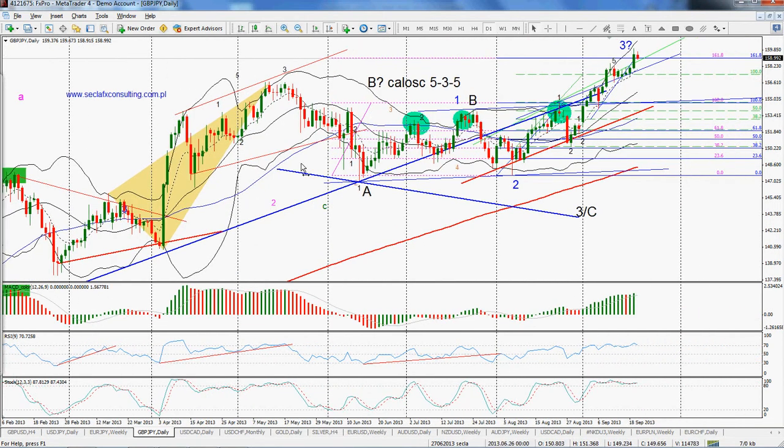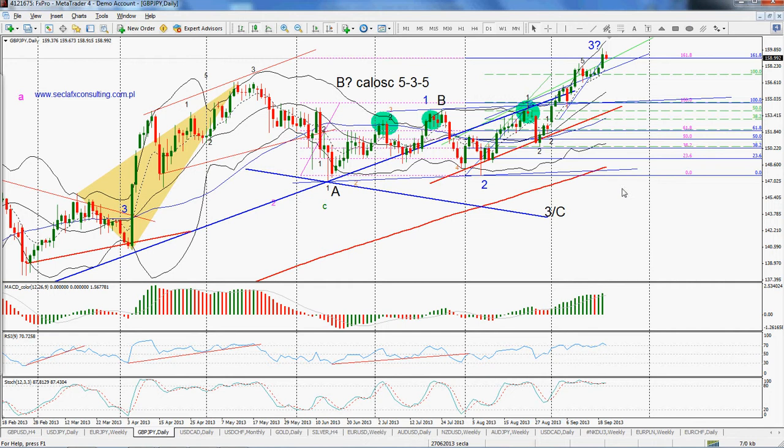Okay, there's another example from the last few weeks. Actually, in the beginning of September, I had another move from the Bollinger lower band up to the Bollinger upper band. In that case, it was a little bit tricky because the MACD indicator started breaking the zero line a few times. But as you can see, in that case, it broke through that zero line.